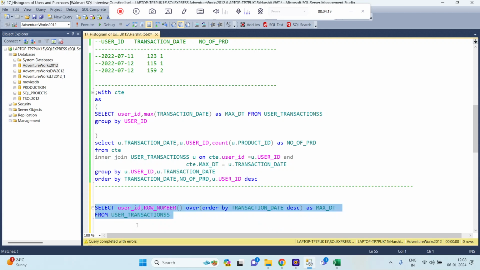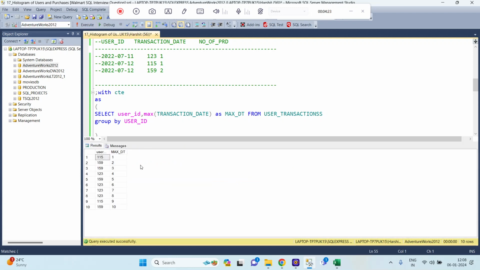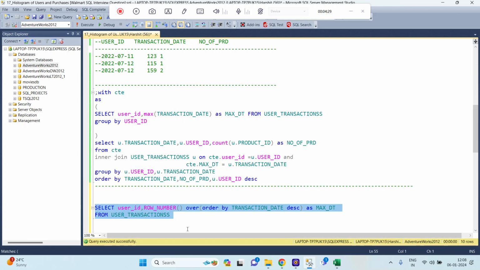Because we haven't used any aggregate function. Now for each user, and of course we need to do partition by user ID.